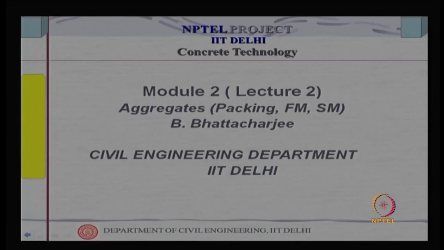Welcome to Module 2, Lecture 2, and we shall be continuing with aggregates. If you recall, last time we talked about shape and sizes of aggregate, and now in this one we shall be looking into how these sizes affect the packing characteristics of aggregates.